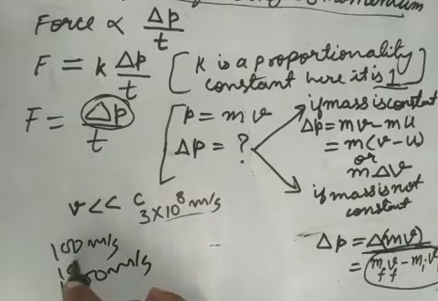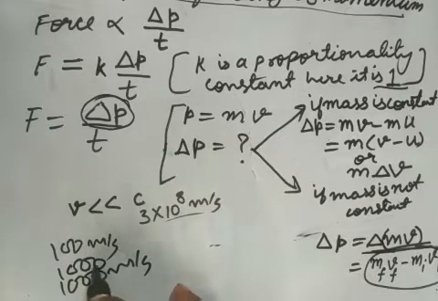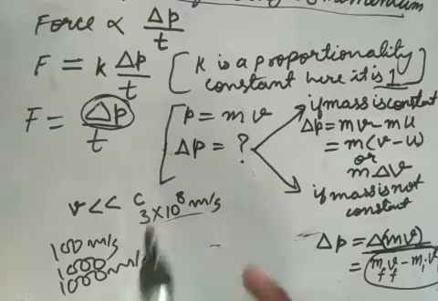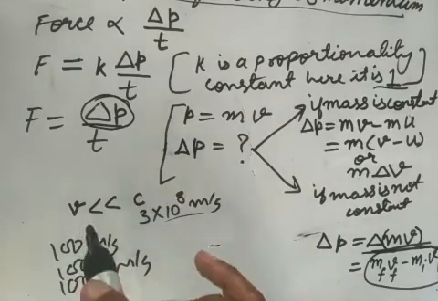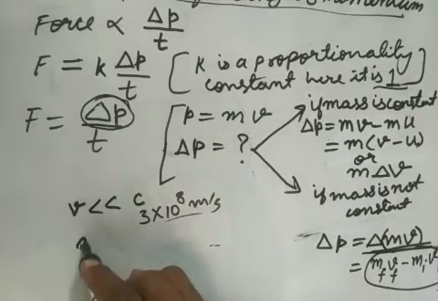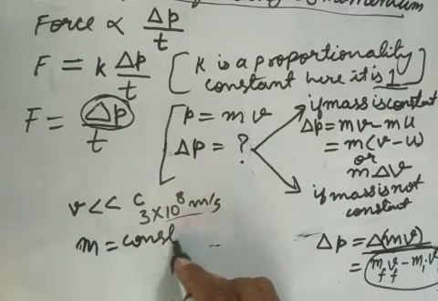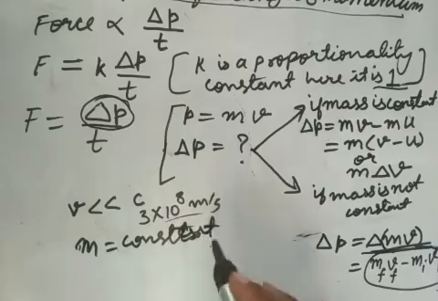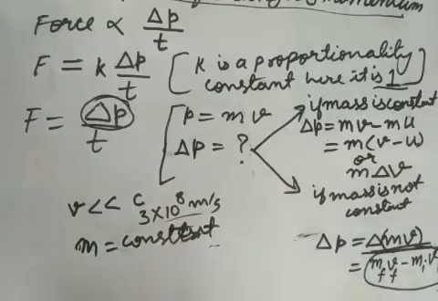All these speeds are very much less than the speed of light. And if v is very much less than the speed of light, mass remains constant. Actually, this is Einstein's theory, a concept which is much higher than what we are studying here and beyond your scope to study.